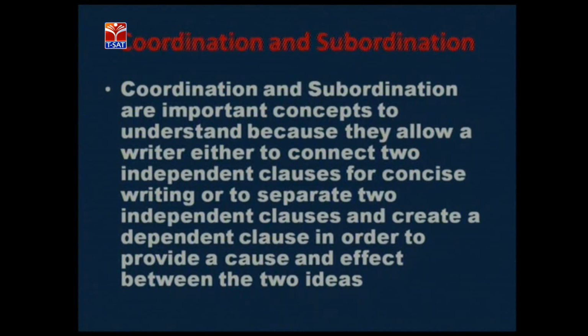Coordination and subordination are important concepts, dear student teachers. We have to understand them because they allow a writer either to connect two independent clauses for concise writing, or to separate two independent clauses and create a dependent clause in order to provide cause and effect between the two ideas.